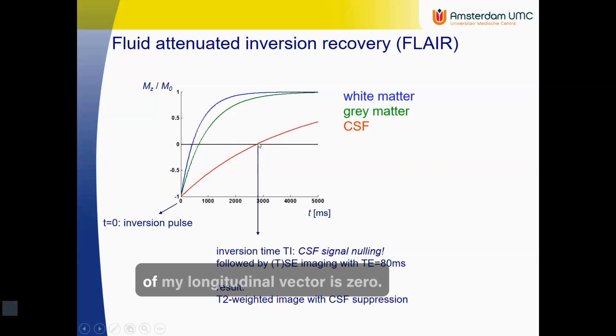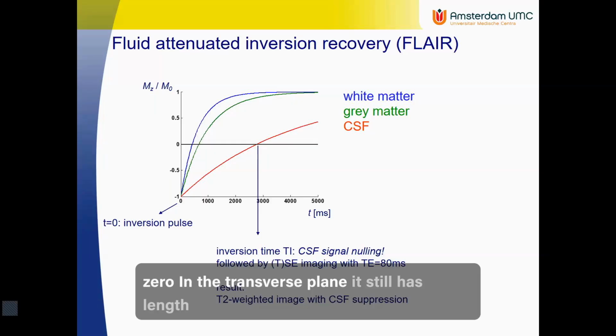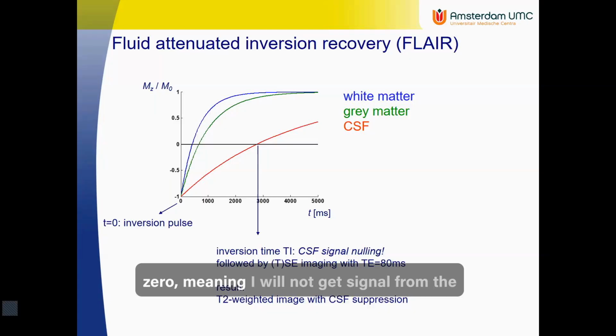So the length of my longitudinal vector is zero. If I rotate a vector of length 0 into the transverse plane, it still has length 0, meaning I will not get signal from the CSF.